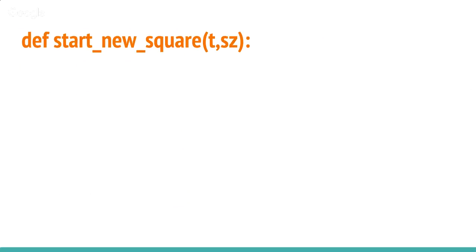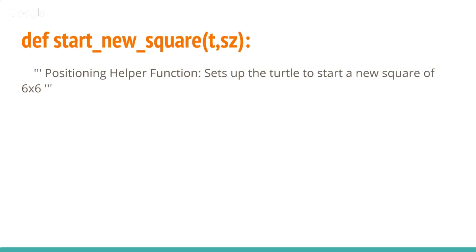And then drop the pen so we can start drawing again. Start a new square. It takes the turtle in size, as we can see there. This basically sets up the turtle to draw a new square of 6x6. Start by turning left by 90, forward by size, turn left by 90 degrees, and that's it. Oh, no, it's not. I just misclicked, apparently.